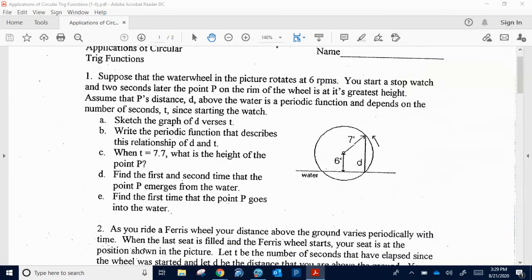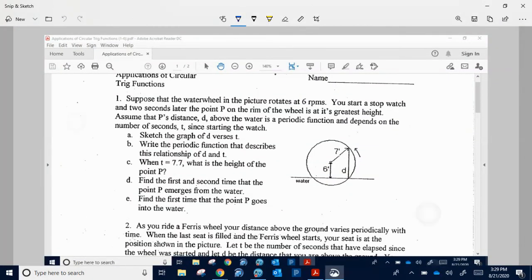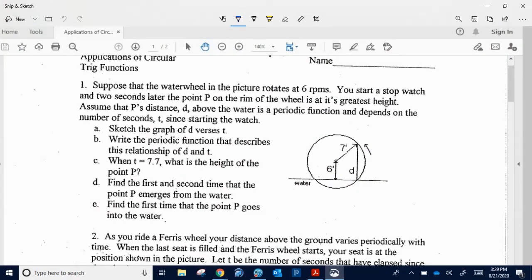The problem says suppose that the water wheel in the picture rotates at 6 RPMs. You start a stopwatch, and 2 seconds later, the point P on the rim of the wheel is at its greatest height.